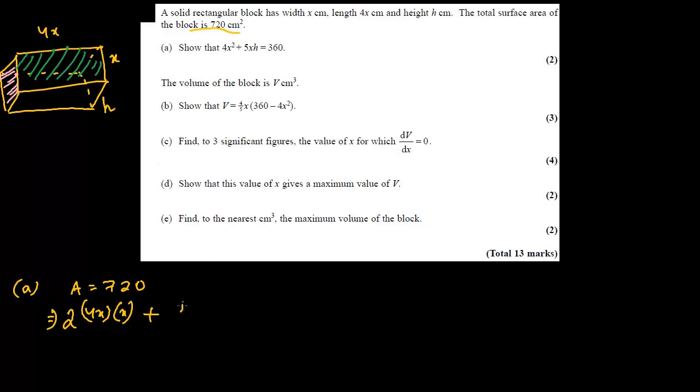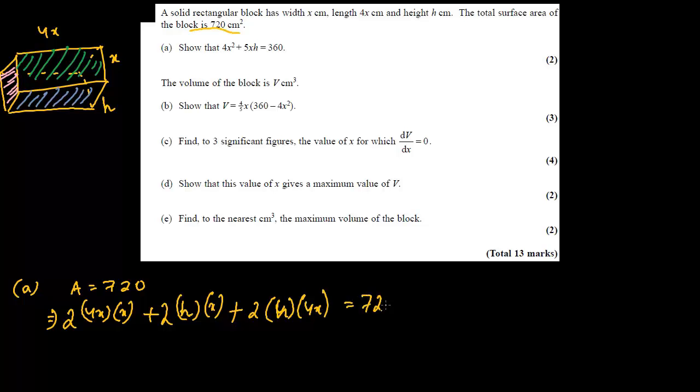So h into x, and since there are two over here, this would be 2 into that, plus now the other two shapes, they're going to be this one and the one on the other side. So this would be 2 into x, we have h, and we have 4x, and this is altogether equals to 720.